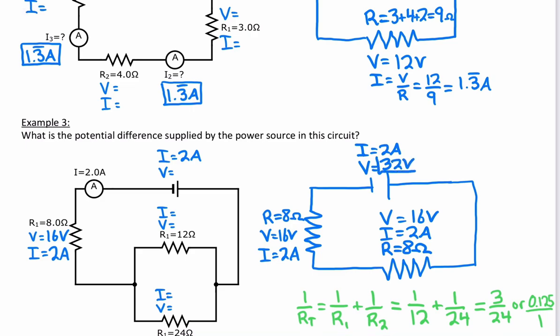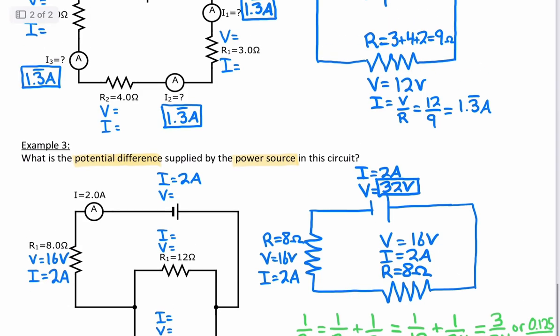And that is my final answer. The question was asking me for the potential difference at the power source. Remember, potential difference is the definition of voltage. Voltage is the difference in potential. And that's exactly what we found at the power source.